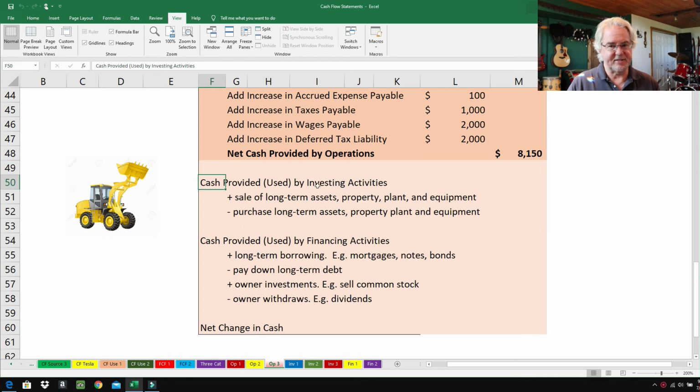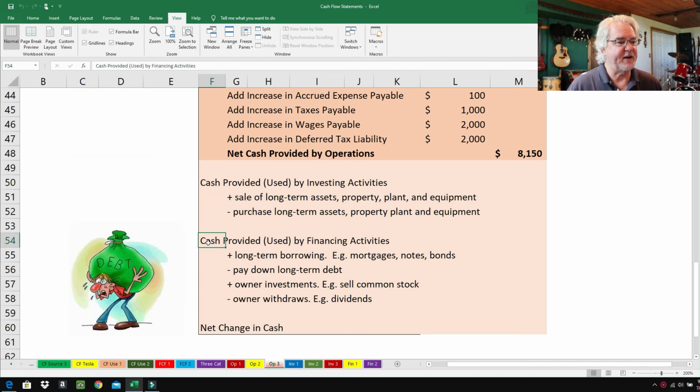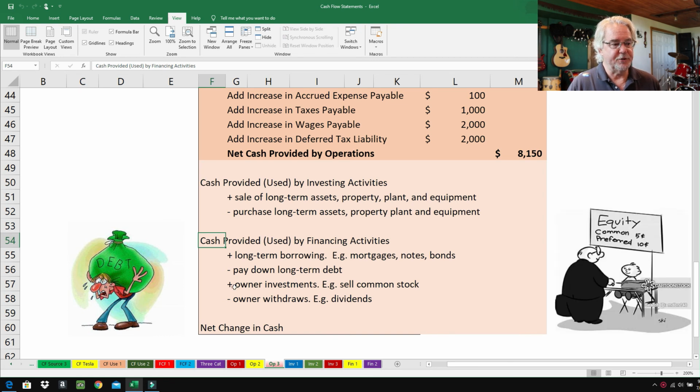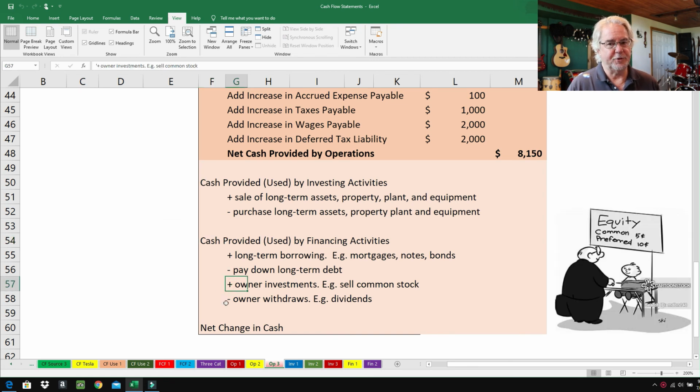So when we say investing, we mean investing in the company, investing in ourselves. Cash provided or used by financing activities. What's going on here? Well, this is borrowing or paying back long-term debt. And it also includes owner investments and owner withdrawals, any transaction that involves owners.